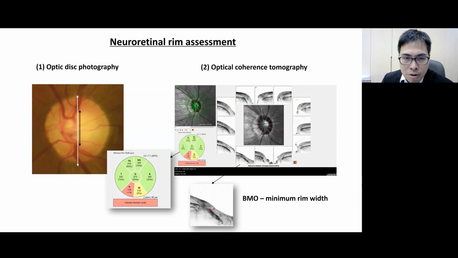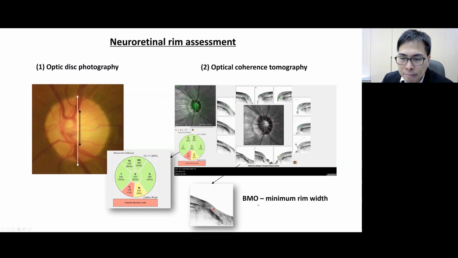We have 2 approaches to evaluate the neuroretinal rim. We have optic disc assessment, and also we can use OCT to quantify the width of the neuroretinal rim. And this is an OCT, the Spectralis OCT, which provides this measurement.